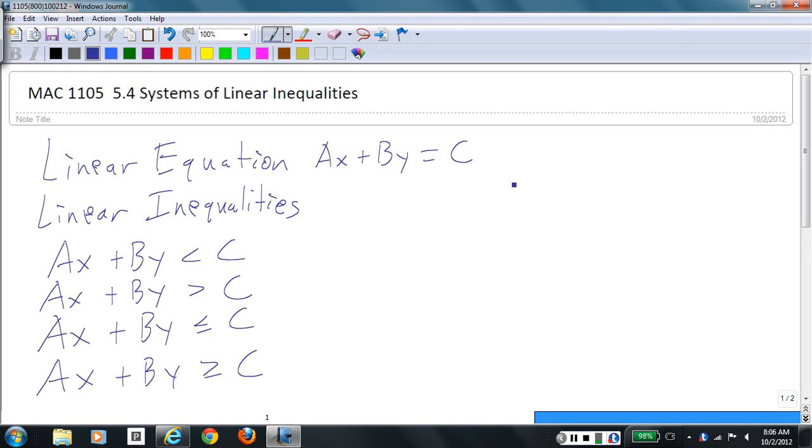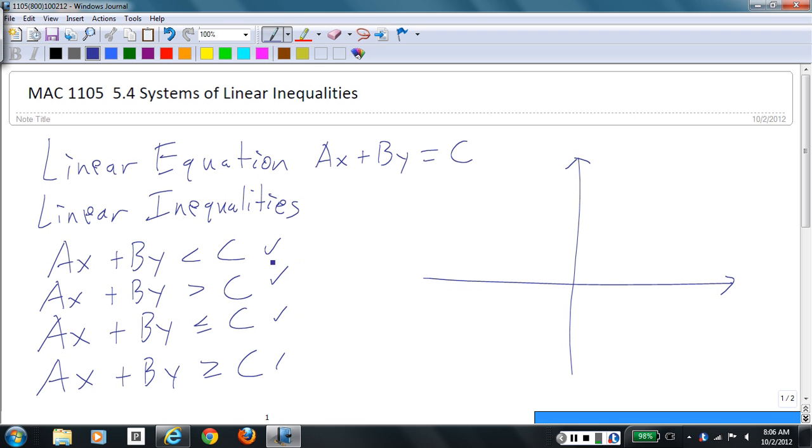Well, what is the solution region going to look like? If we take Ax plus By equals C, we'll begin each one of these by graphing it, and I need to mention that it should be graphed either as a solid line or a broken line, depending on whether the inequality has the or-equal-to bar, as this one does and this one does, or doesn't, as this one doesn't and this one doesn't.